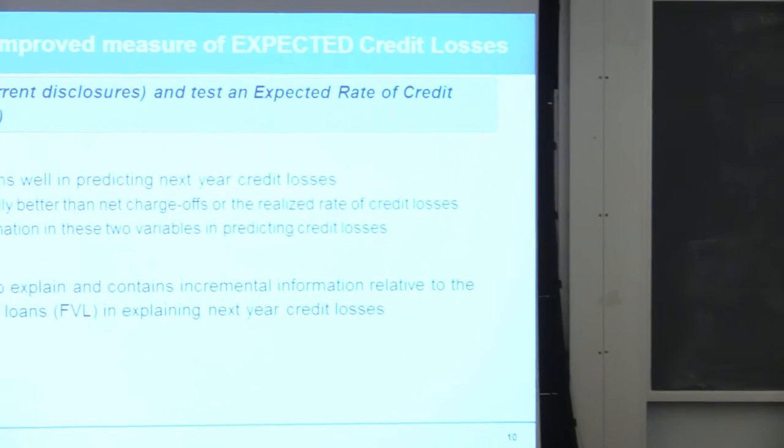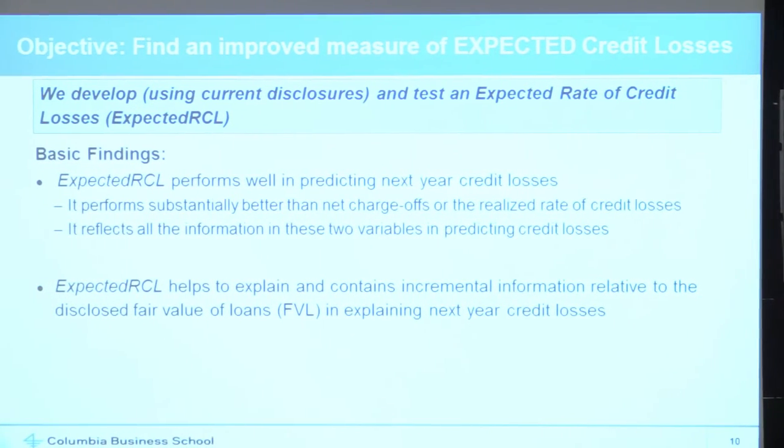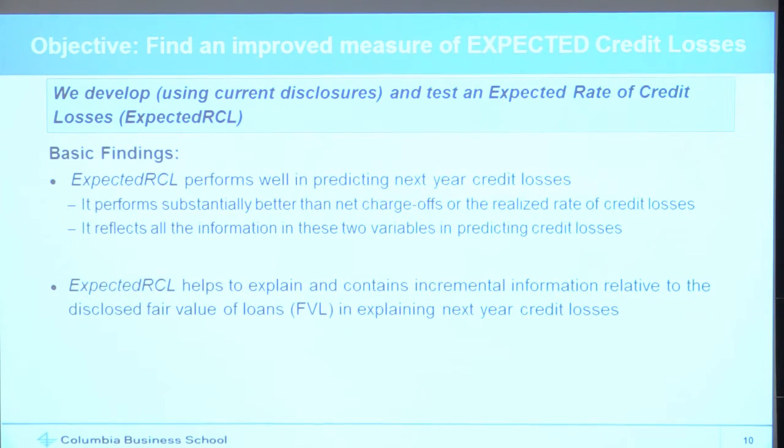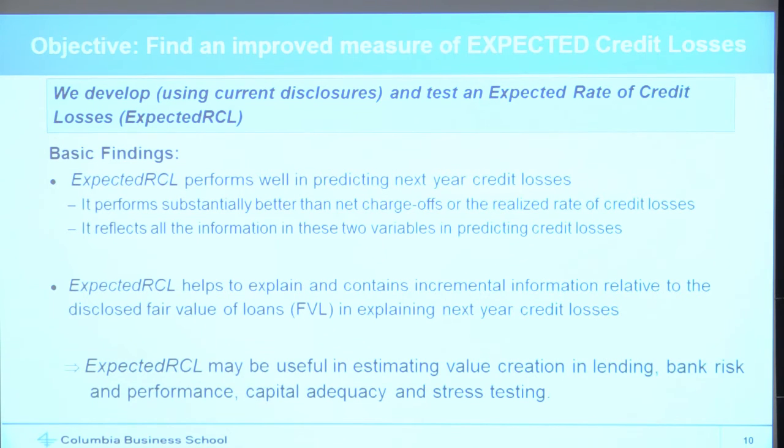The basic findings we have are that this measure we come up with does quite well, and certainly better than all the other public measures, in forecasting or predicting the next period's realized credit losses. And actually it does better than a fair value measure that banks come up with themselves, which should include their view of what those expected credit losses are.